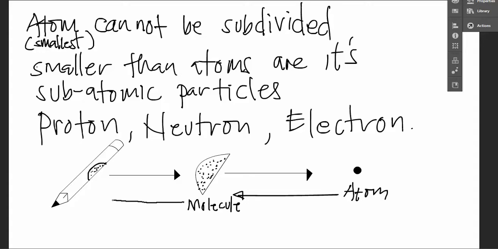And these molecules, if grouped together, will become a bigger particle, which is what they call matter. So as you can see, it shows how matter is being divided into its smallest part, which is the atom.